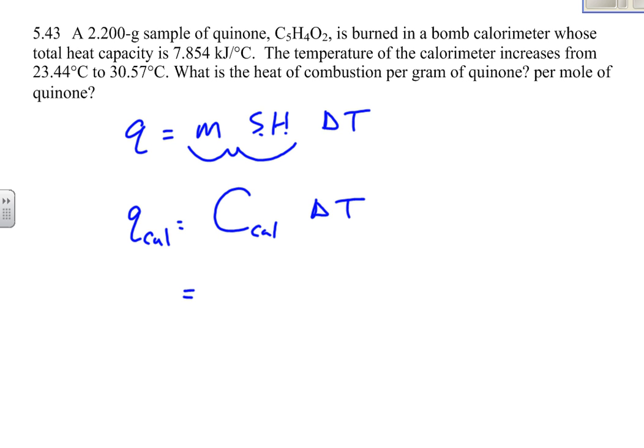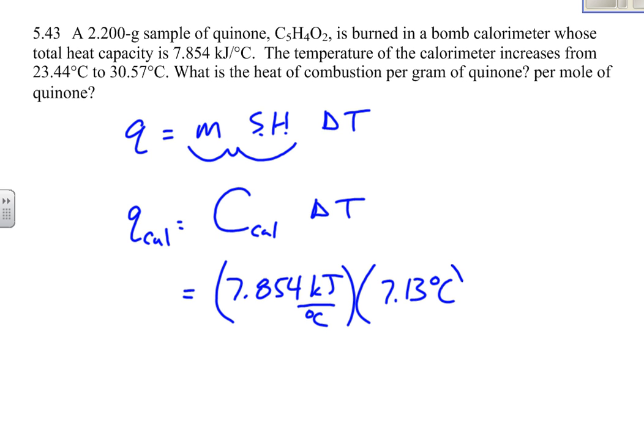So that would be 7.854 kilojoules per degree Celsius. Delta T would be the 30.57 minus 23.44, or 7.13 degrees Celsius, which gives us a Q for the calorimeter of 56.0 kilojoules.